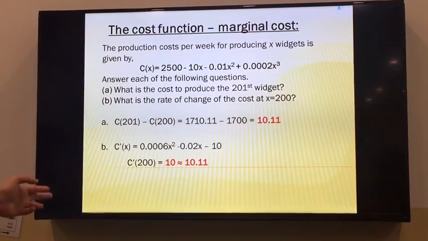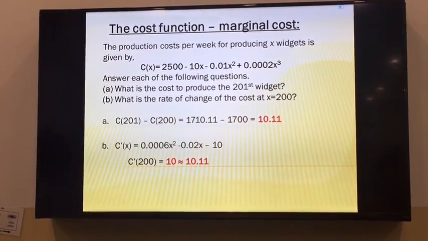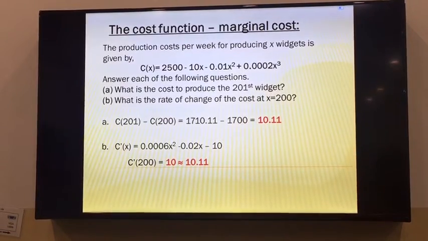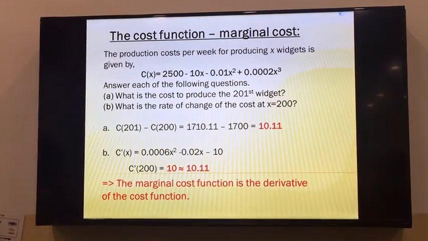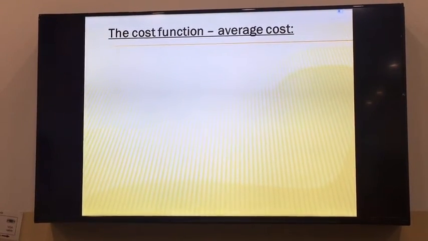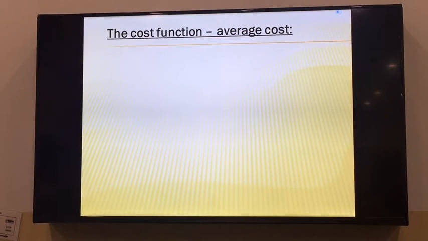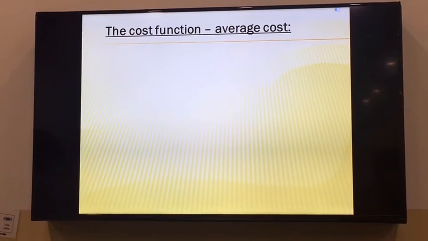As you can see here, both numbers are approximately the same, so we define the marginal cost function to be the derivative of the cost function. The cost function also helps to calculate the average cost to maximize the firm's benefits.